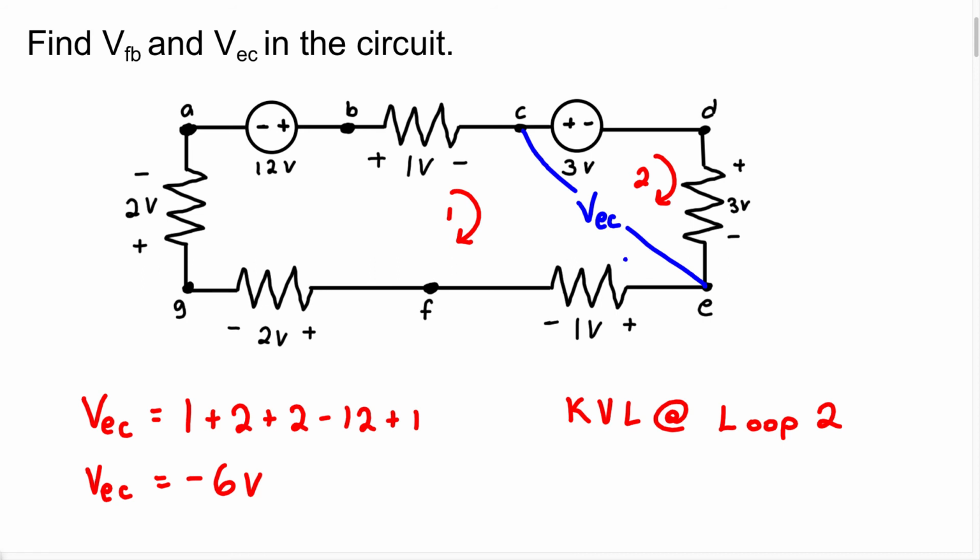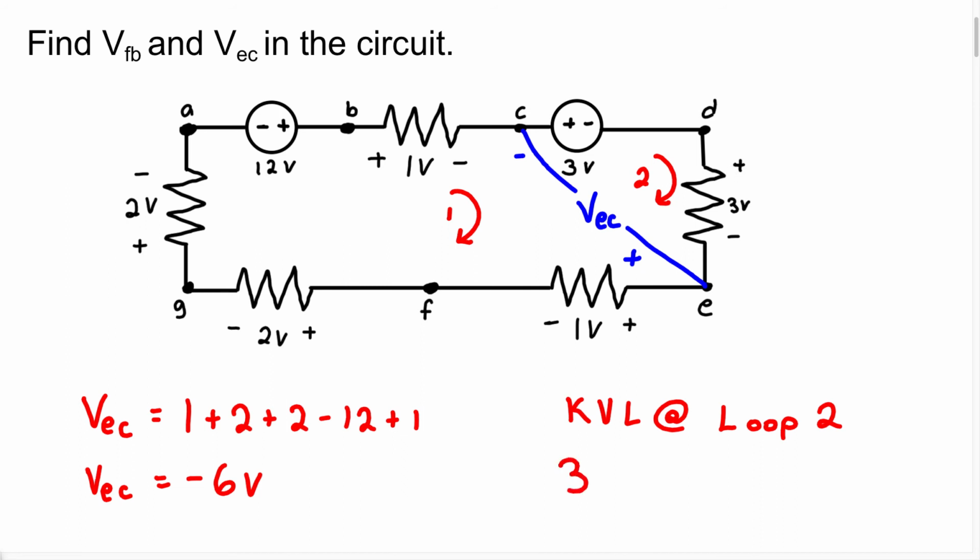So at the E, we're going to have the positive terminal, and at the C, we're going to have a negative terminal. So the order of the letters matters, but when we go around our loop, it doesn't matter. So let's do it. I'm just going to start right here at this positive 3 volt. As we walk around loop 2, we have positive 3, a voltage drop.